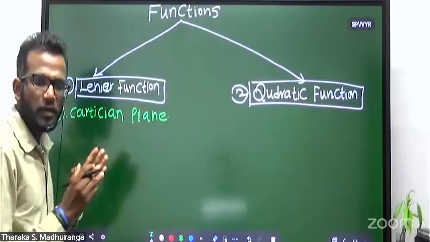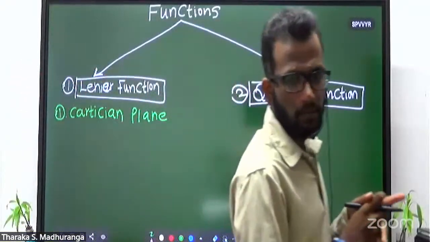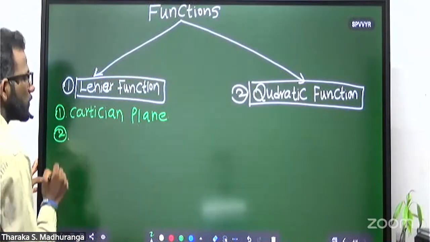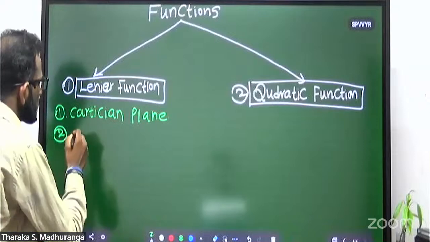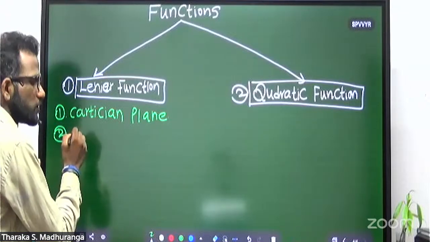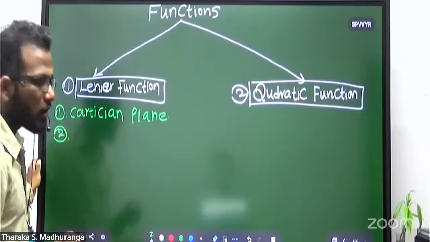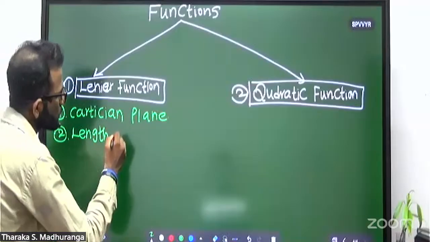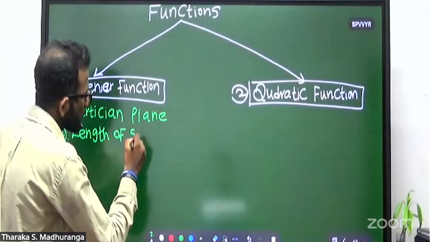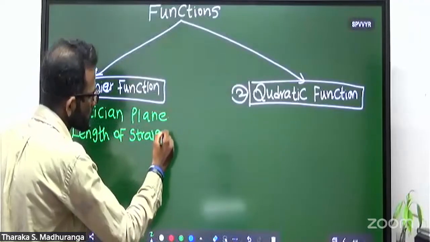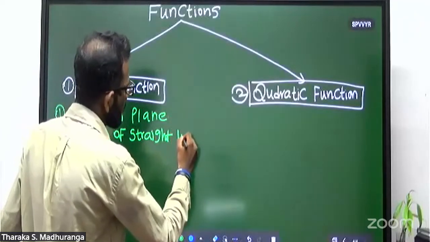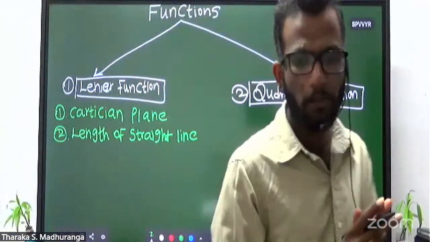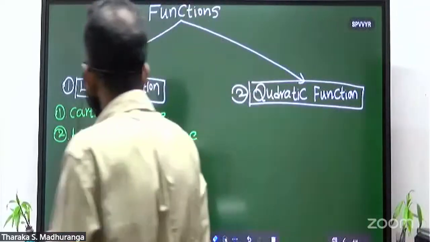That's our first topic. The second one is the distance or the length of a straight line. How to find the length of a straight line? Don't worry, I will explain. These are the subtopics we need to discuss on linear functions: the length of a straight line on a Cartesian plane.